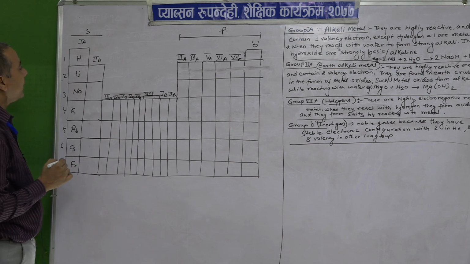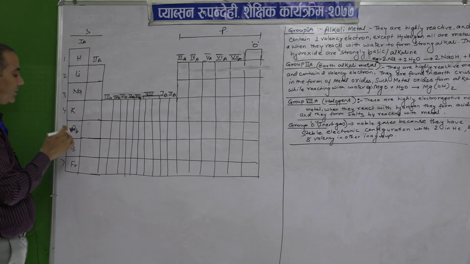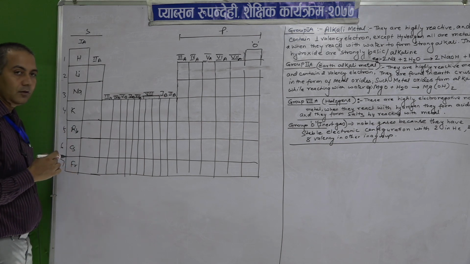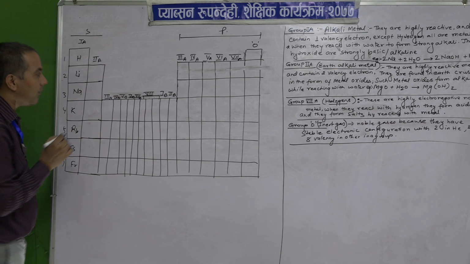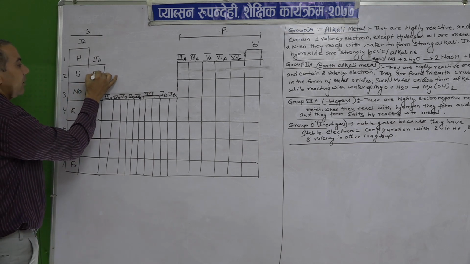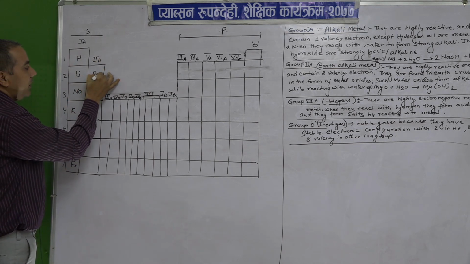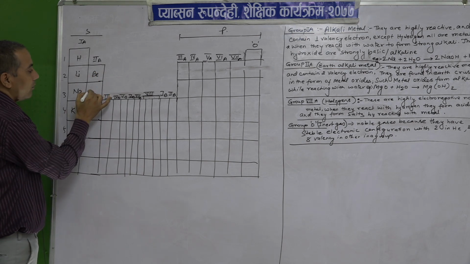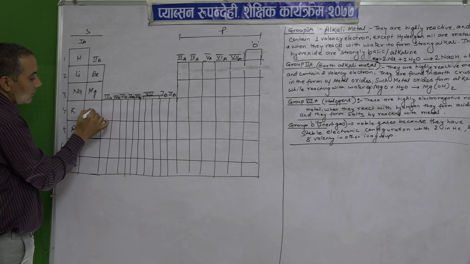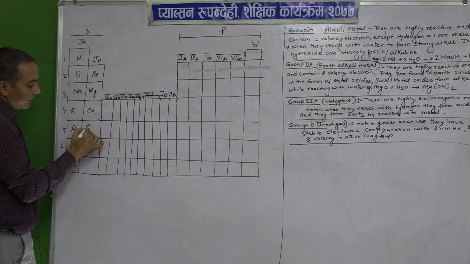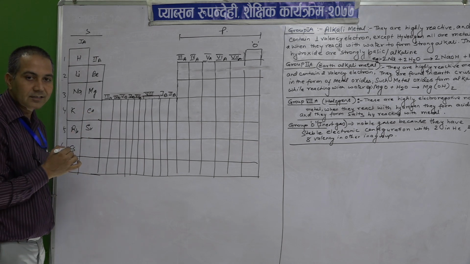Then hydrogen, lithium, sodium, potassium, rubidium, caesium and francium. Then after that, the short form for the next group is: Be, Mg, Ca, Sr.